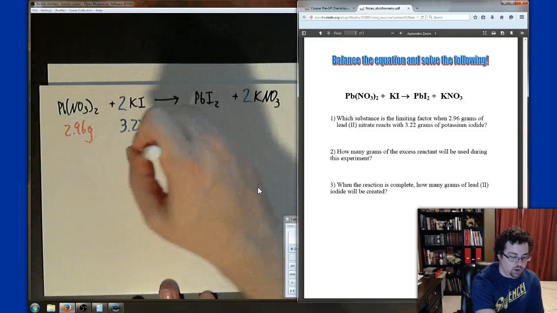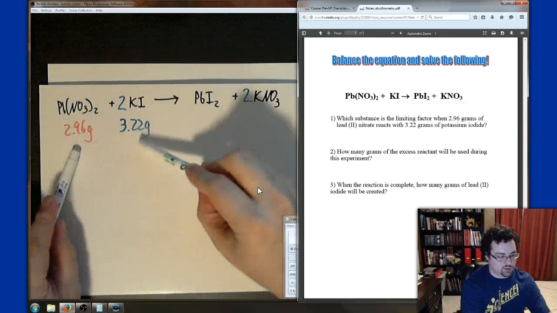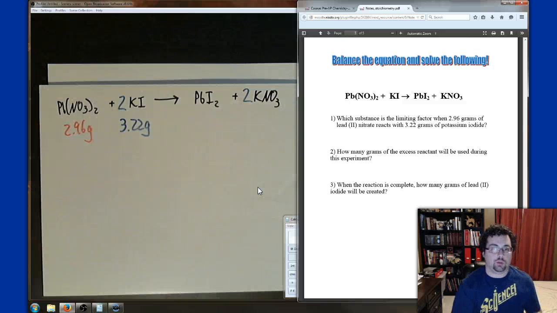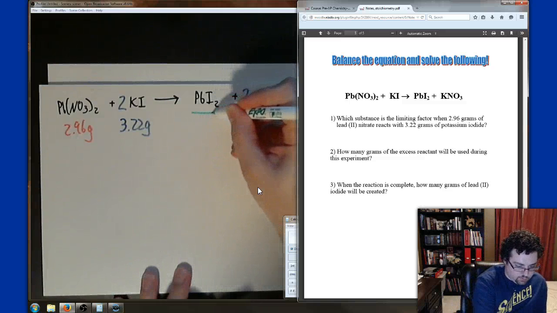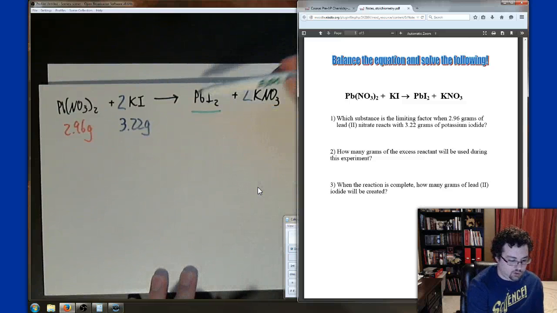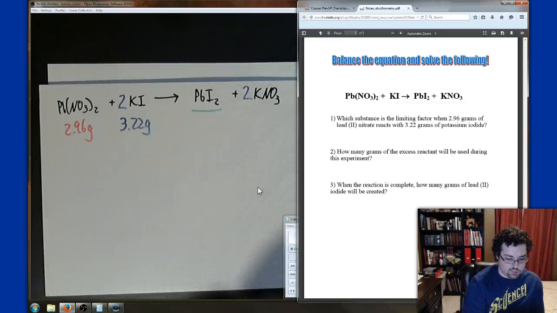Figure out which one makes the least. Whichever makes the least product is your limiting reactant, because when these two react together, they can only make as much as whichever one makes the least product. I'm going to use lead iodide to figure it out, because it has a coefficient of 1 instead of 2, which makes the calculations easier.